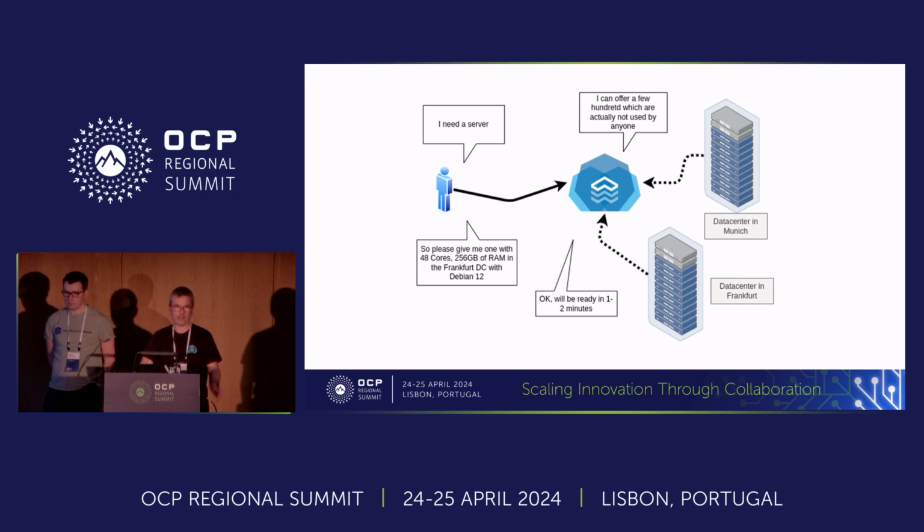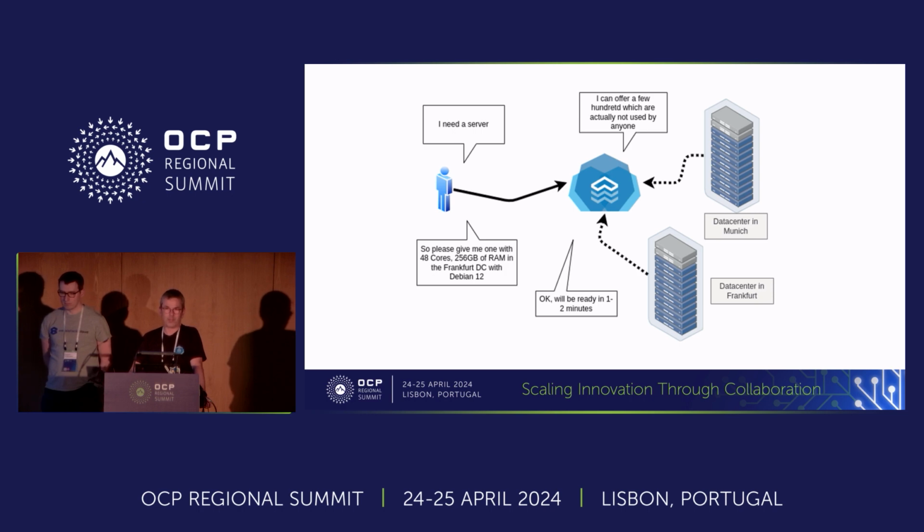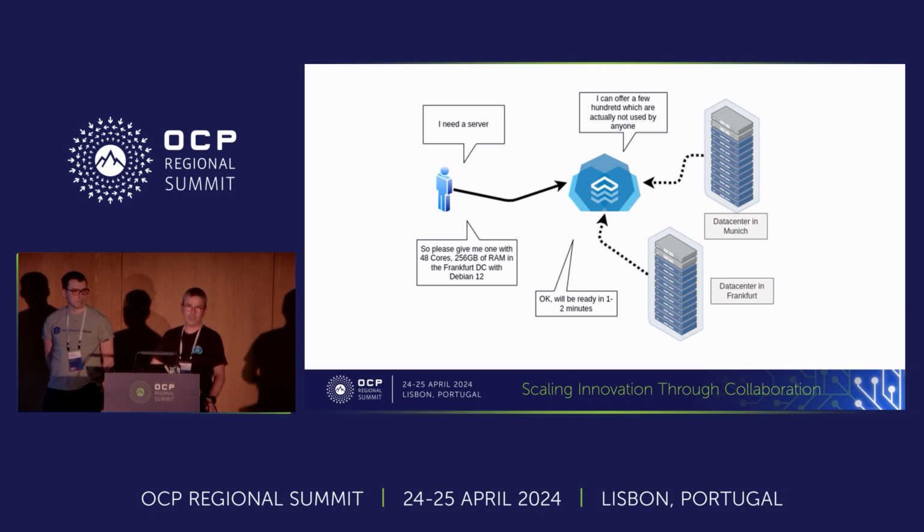And after 2 minutes at most, the machine is ready to be used. So it's up and running, booted into Debian 12, located in the newly created network you ordered, and ready to be used.